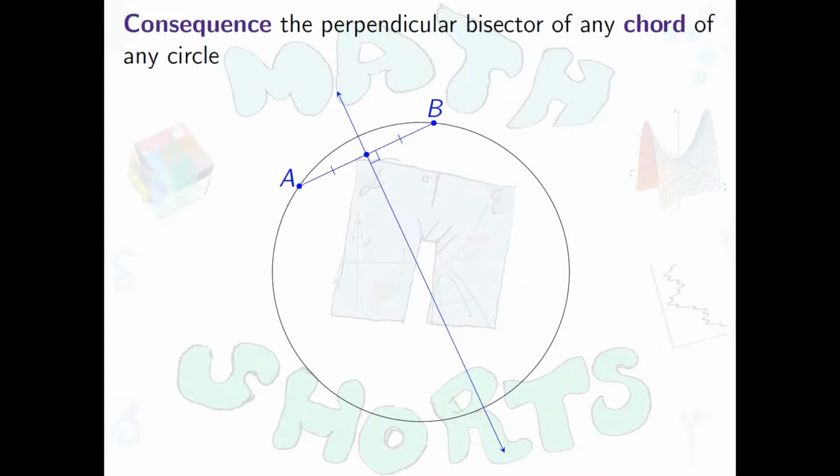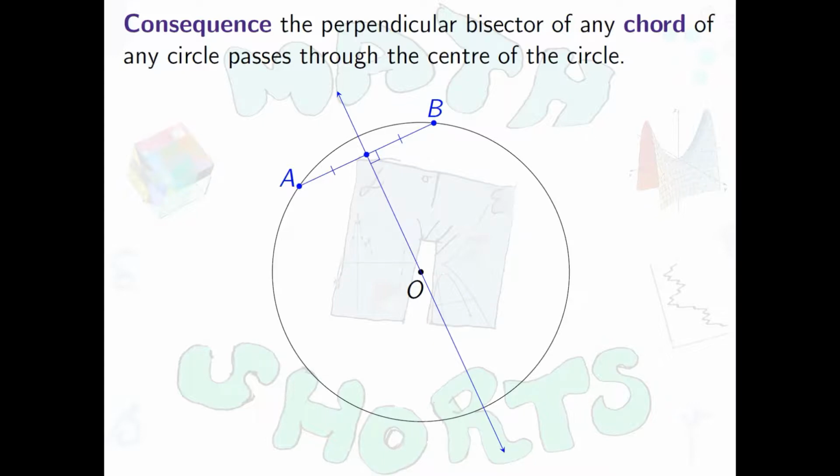Since we know that any point on this perpendicular bisector is going to be equal distance from those 2 points, and we know that a circle is the set of points that are equidistant from a point called the center, that means that the center of the circle has to be somewhere on this perpendicular bisector because it is equal distance from A and B.